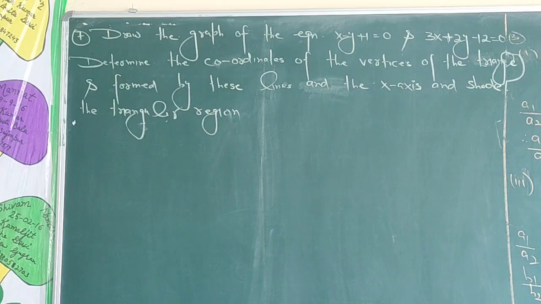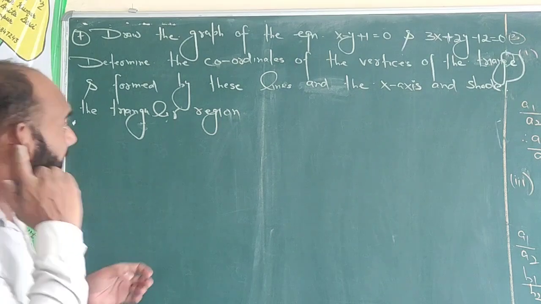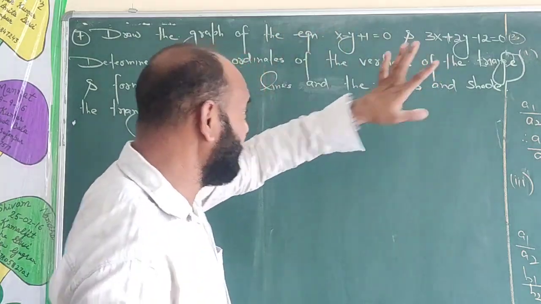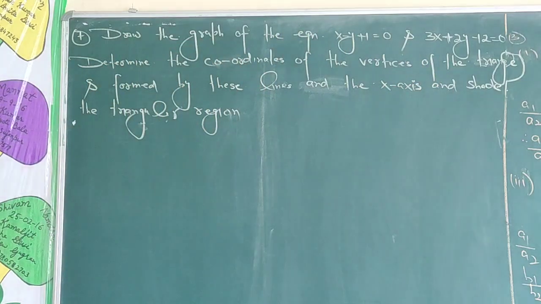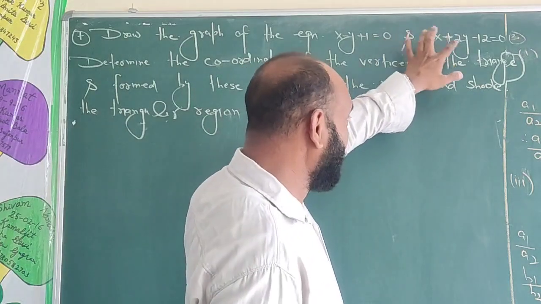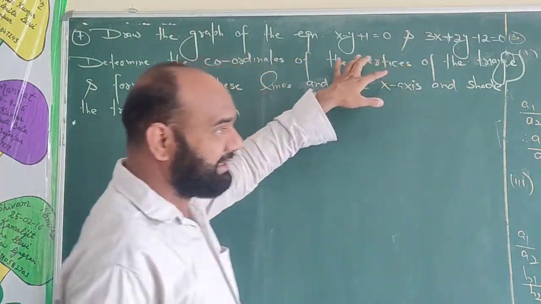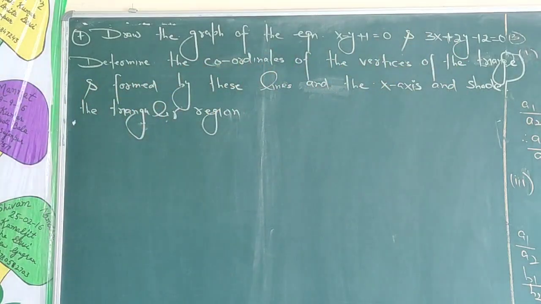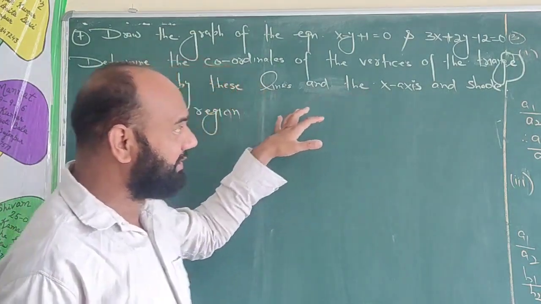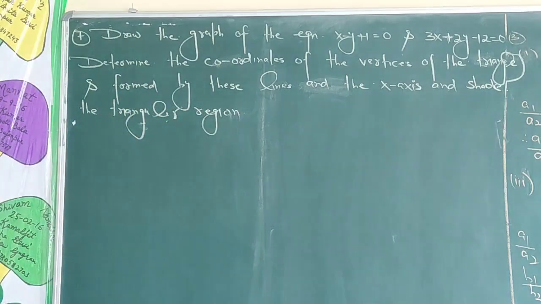In this question, first of all we draw the graph of these equations, and after that when the lines intersect with the x-axis, they make a triangle, and we find the vertices of the triangle as well as the shaded region must be noted out here.